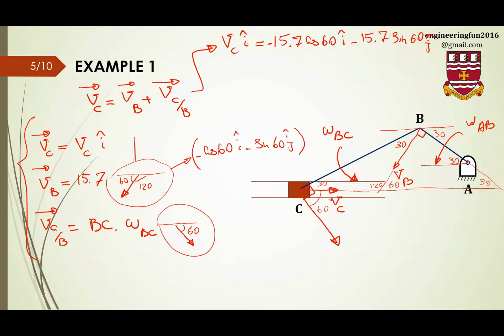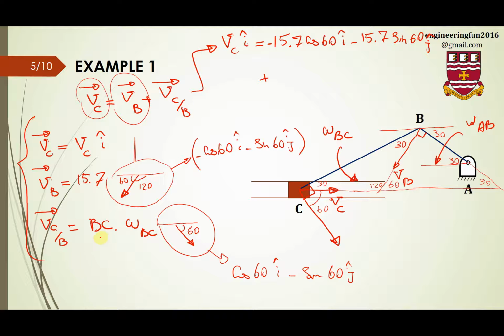And for this one, it is cosine 60 in I direction minus sine 60 in J direction. So I substituted this one, and now it's time for VC over B.